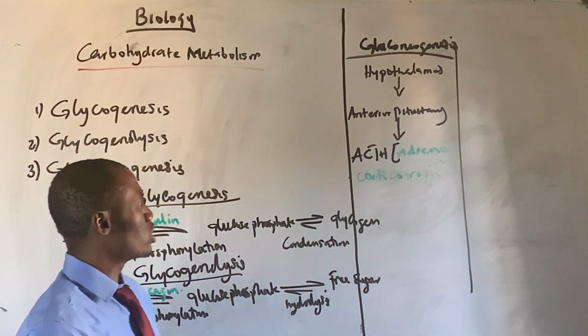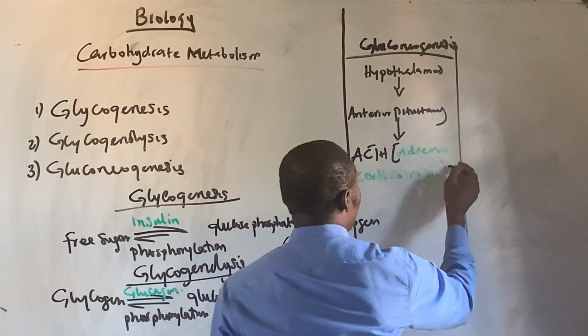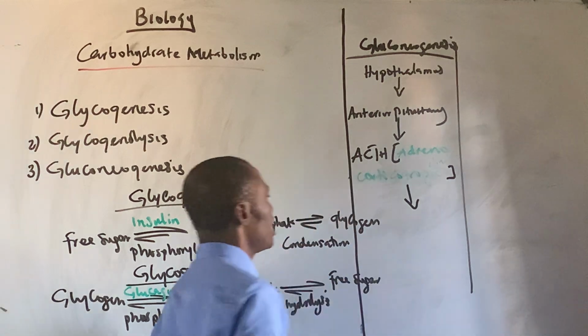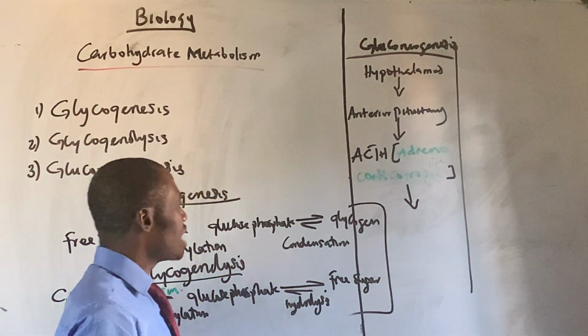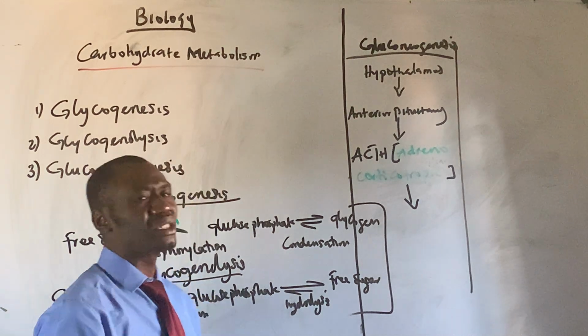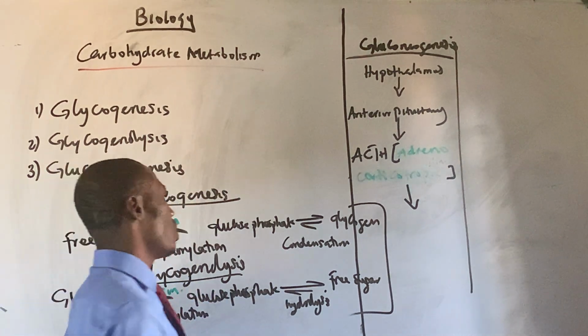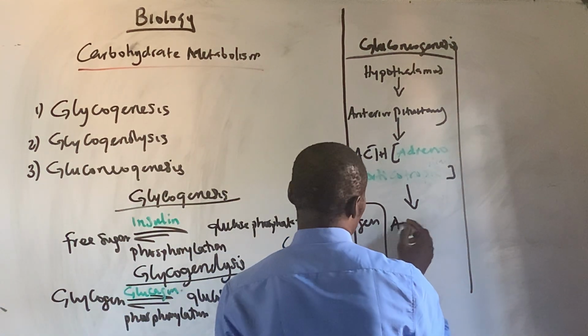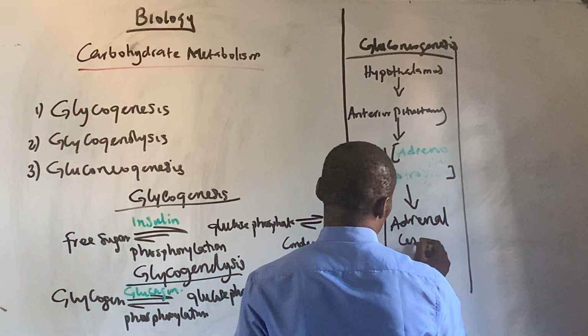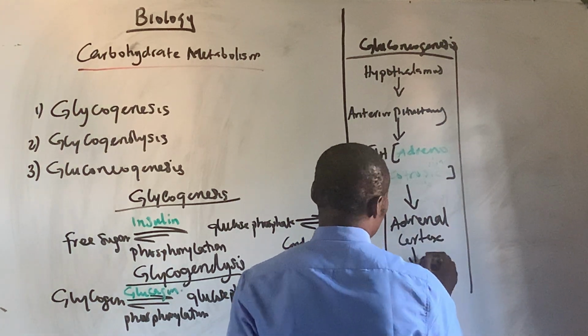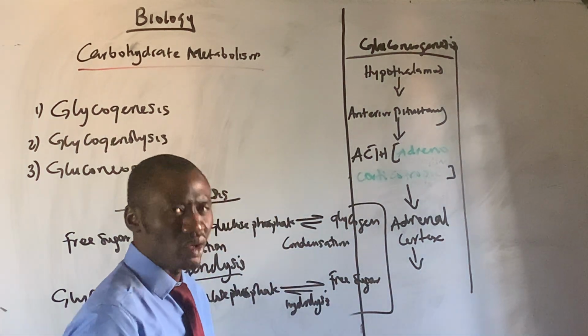And this adrenocorticotrophic hormone is being sent to the adrenal cortex, not the adrenal medulla. The adrenal cortex is the outer part of the adrenal gland. So we have the adrenal cortex, which secretes a hormone known as corticosteroids.